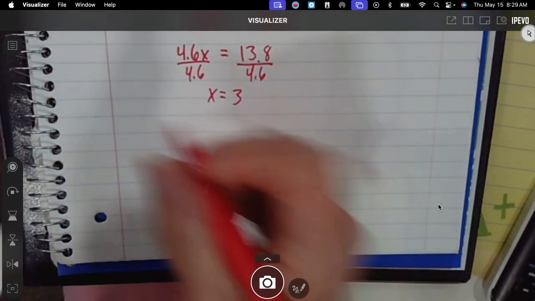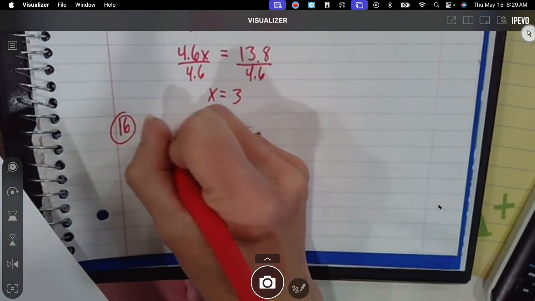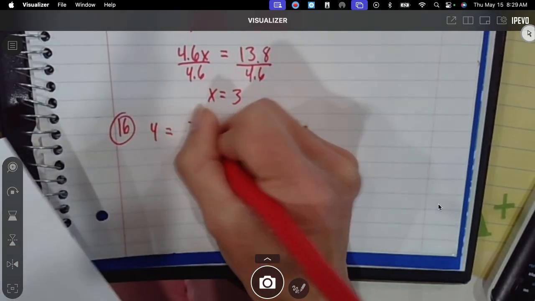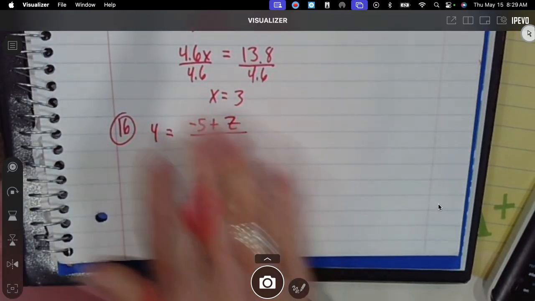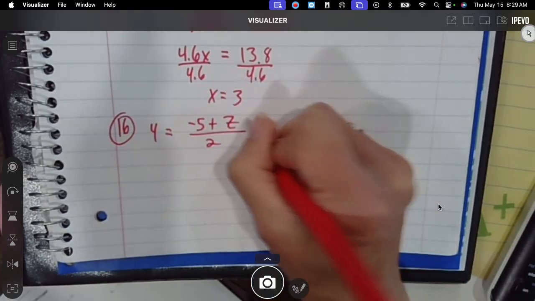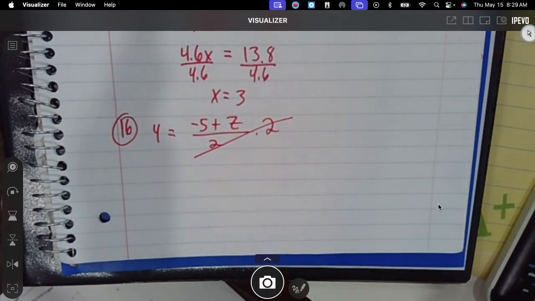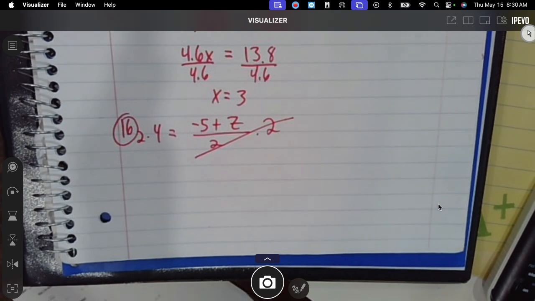All right, number 16. Number 16 says 4 equals, and then they've got -5 plus z divided by 2. So the first thing we've got to do is get rid of this big fraction. So instead of dividing by 2, what am I going to do? Multiply, so it'll go away. What I do to one side, I have to do to the other. What is 4 times 2? 8.